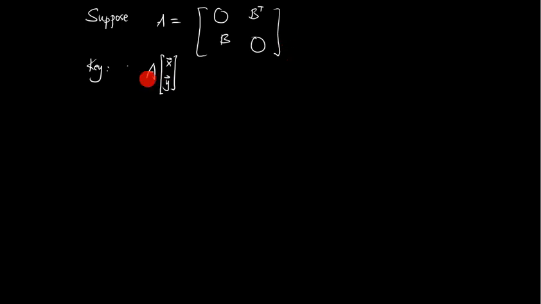So whenever we multiply A times (x, y), it means 0 times x plus B transpose times y. So whenever we have this kind of vector, and if it is an eigenvector, this is an assumption, then this is equivalent to the following condition: 0x plus B^T y is equal to lambda times x. So I'm going to erase the 0 part.